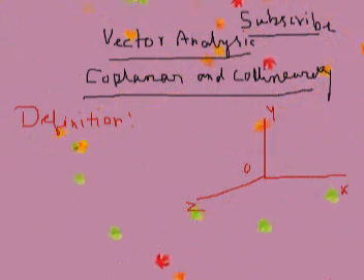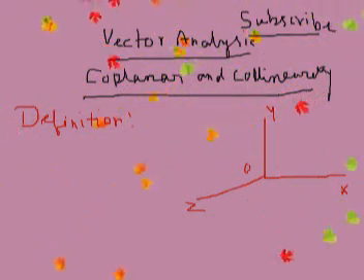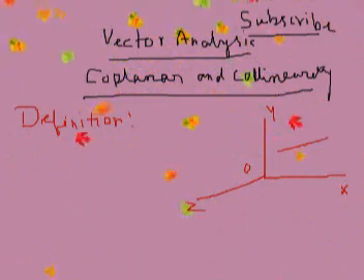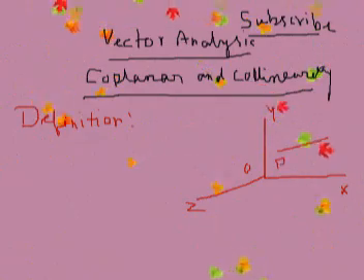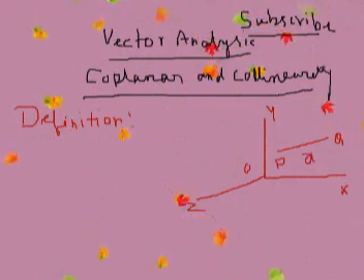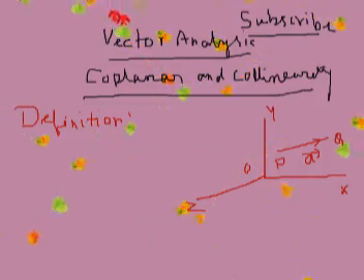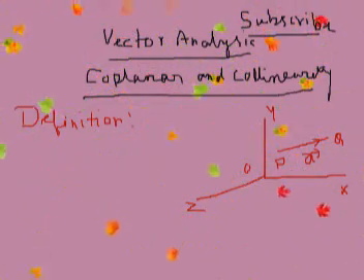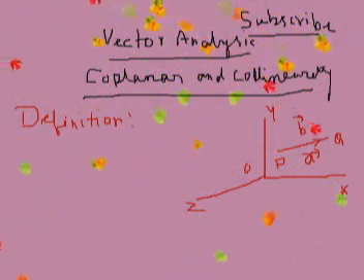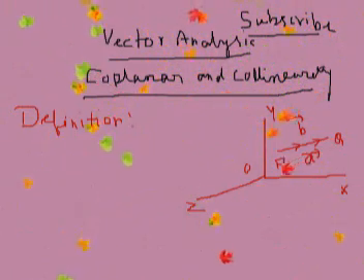Then collinearity is defined that if any vector in 3D, this is PQ, this vector A I am taking, and its support is PQ. So PQ is the support of the vector A. If another vector B has the same support PQ, then they are called collinear.